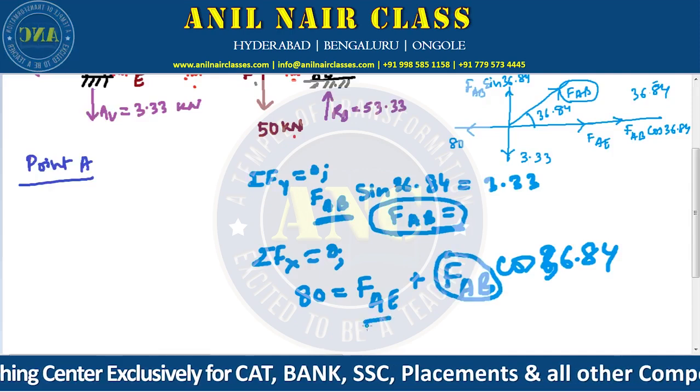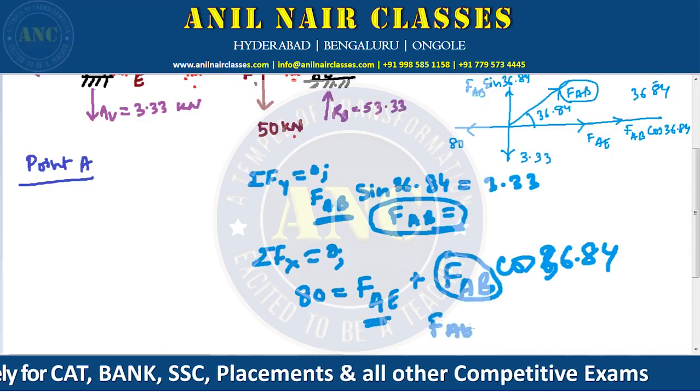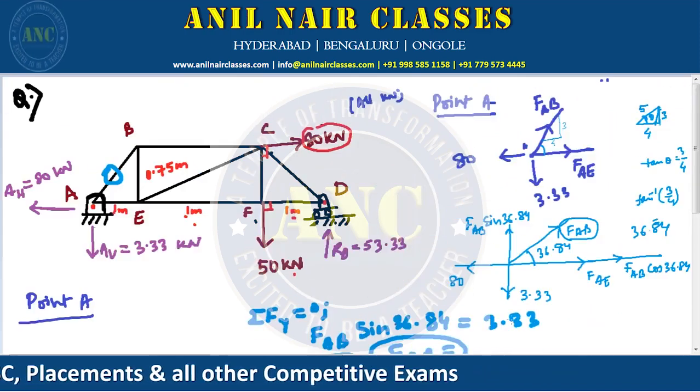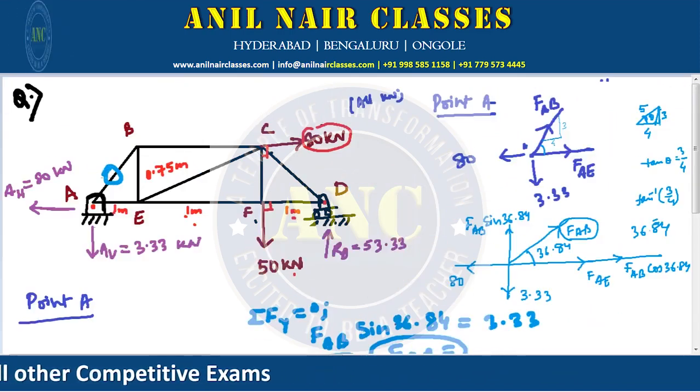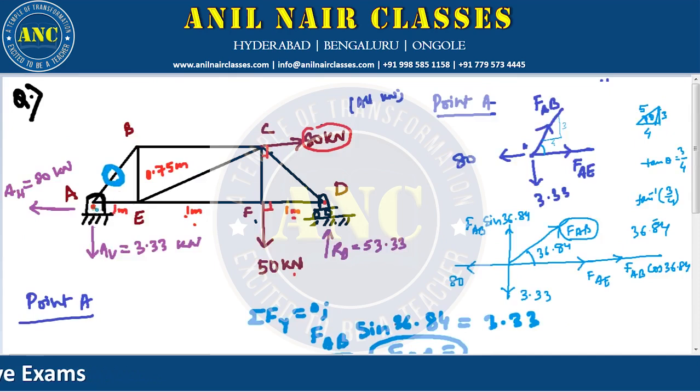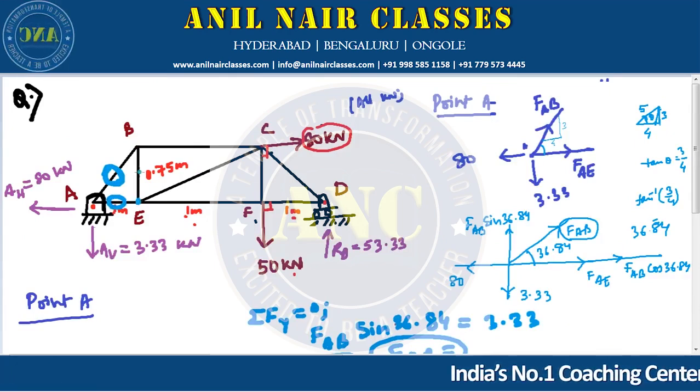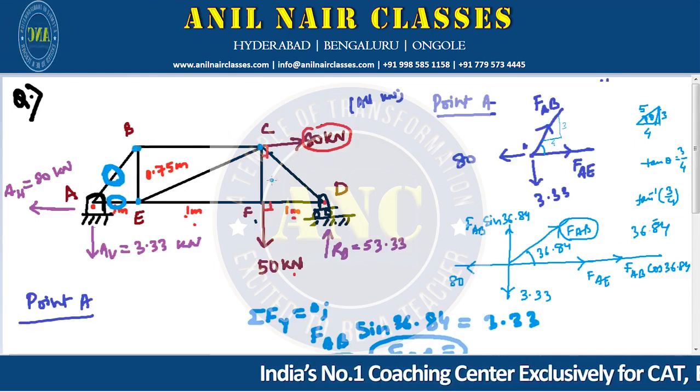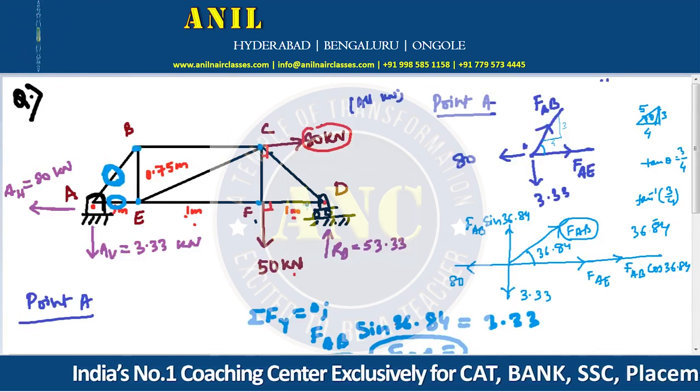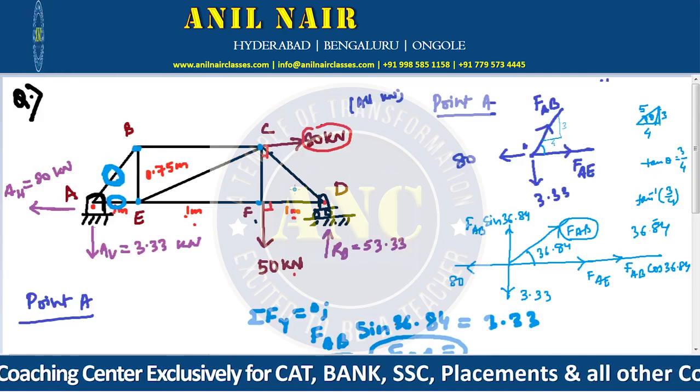So what is the remaining? FAE. So from here we get the value of FAE. Now you can see here we got the force in the member AB, and the force in the member AE. Similarly, we take it for joint B, joint C, joint F and joint D. And that is how we solve the problem of trusses.